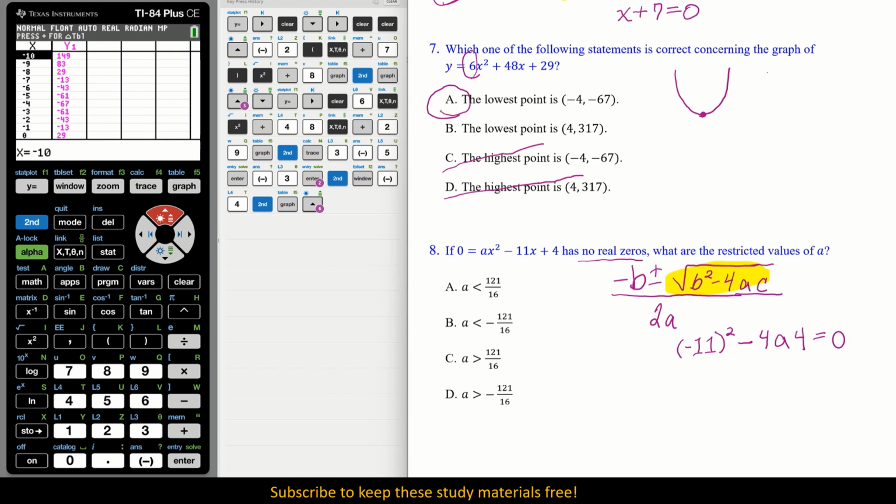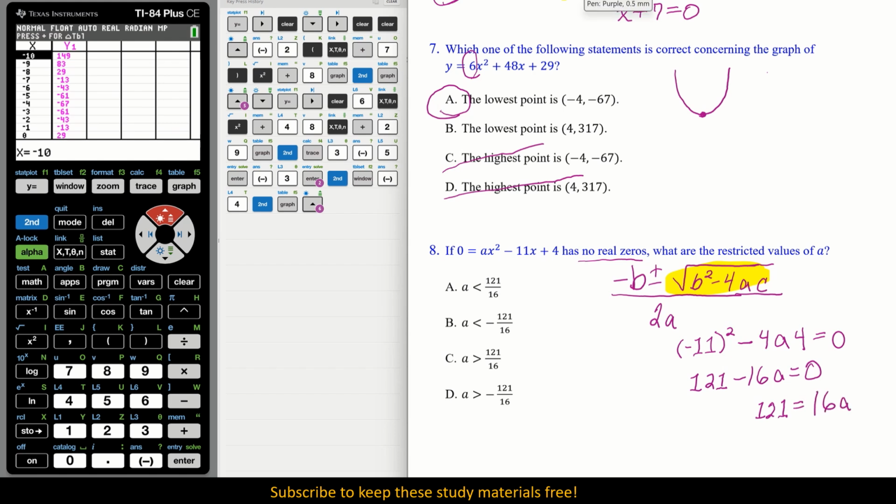Now, -11 times -11 is 121, and that's minus 16a equals 0. If we go to solve that, we will have 121 equals 16a.